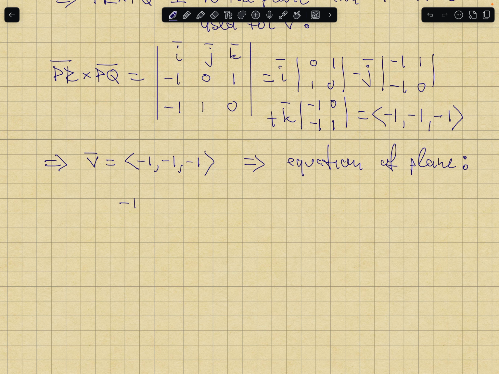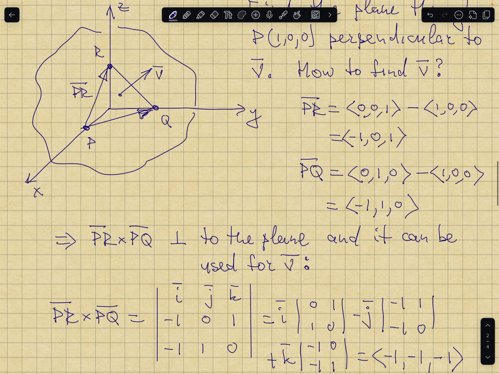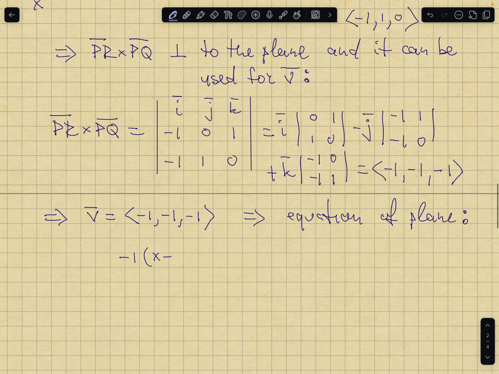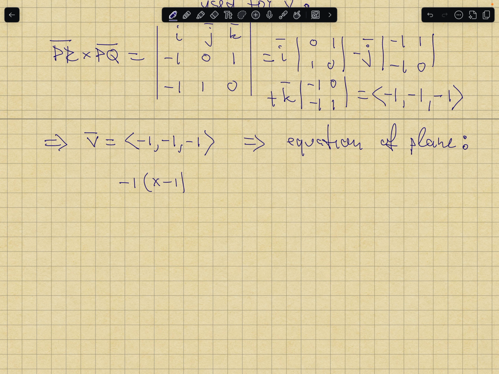So it's -1 times x minus, P has components 1, 0, 0, so x minus 1, plus B, which is also -1, times y minus 0, plus the third component of v, C, which is -1, times z minus 0. And this should be equal to 0. So that is my equation of the plane.